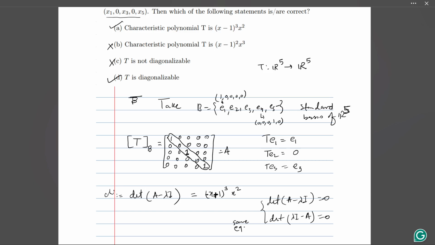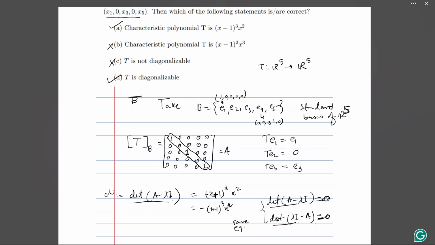It was assumed that these two represent the same characteristic polynomial. Okay, there is a definition mistake, but the first option is correct. We are getting the characteristic polynomial minus of (x minus 1) cubed x squared by this definition. But while writing the characteristic equation, equal to 0 will come and the minus will go away.